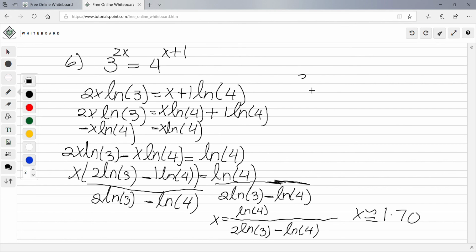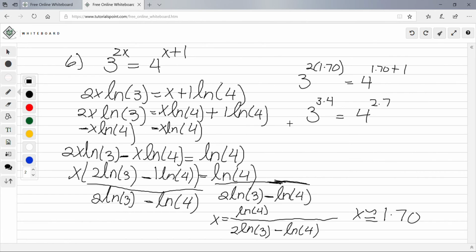So I'll write the whole thing down: 3 to the 2 times 1.7 equals 4 to the 1.7 plus 1. 2 times 1.7 is about 3.4, so 3 to the 3.4, and 4 to the 1.70 plus 1, which is 2.7.